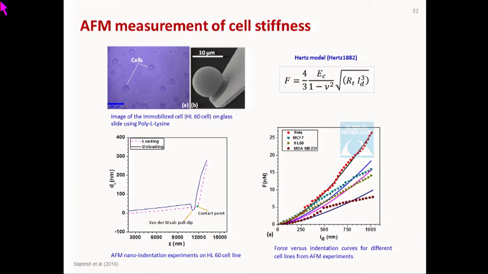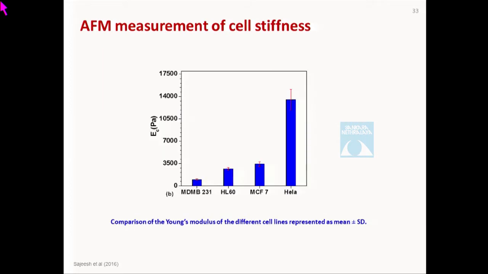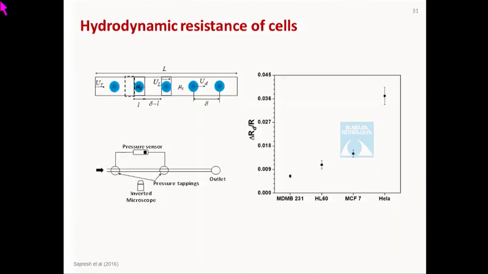And from there, when you know the deformation parameters and you know the radius of the cell, you can actually calculate Young's modulus. So that is how, from the force and indentation, the Young's modulus of various kinds of cells is calculated. And this actually agrees with what we have observed in terms of the hydrodynamic resistance.